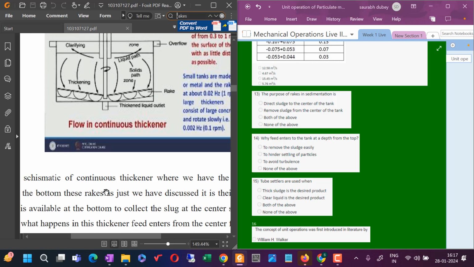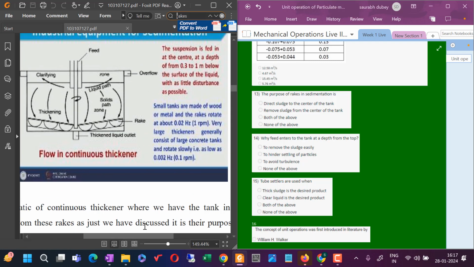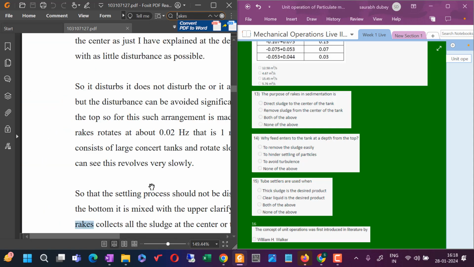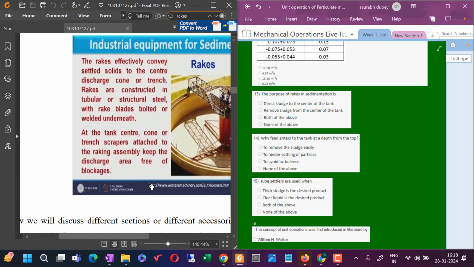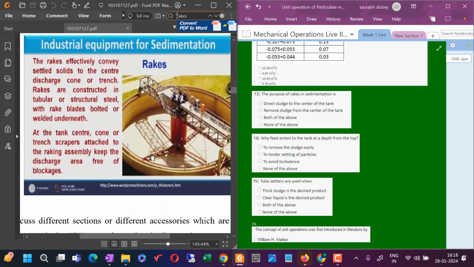That is one point. These rakes effectively convey settled solid to the central discharge cone or trench.